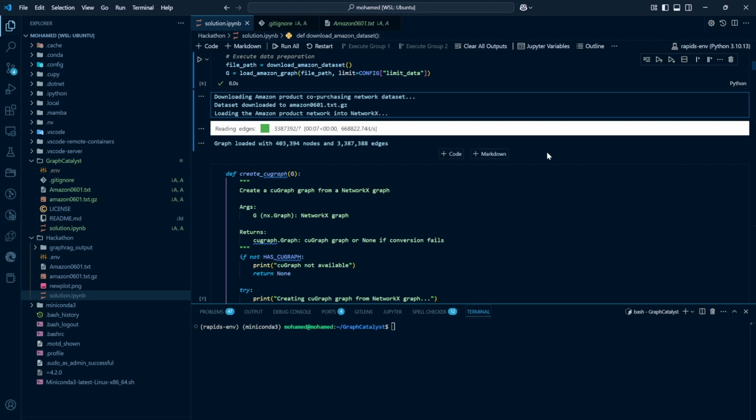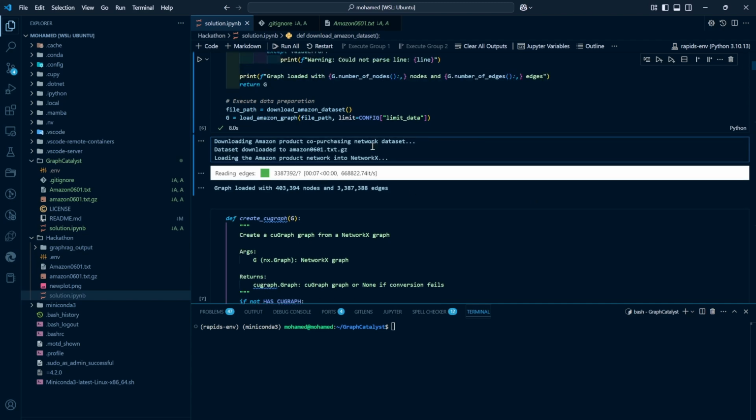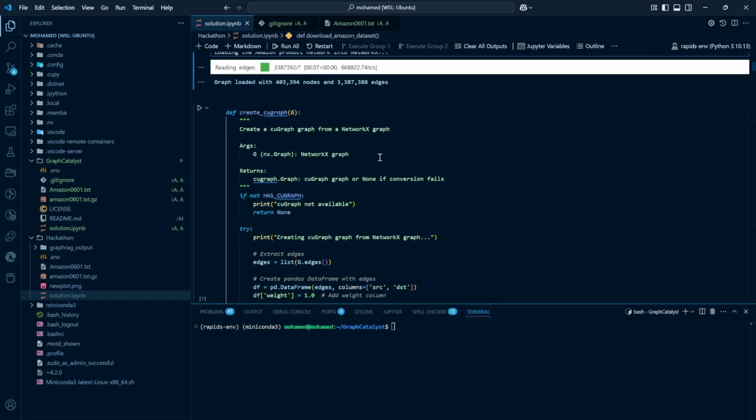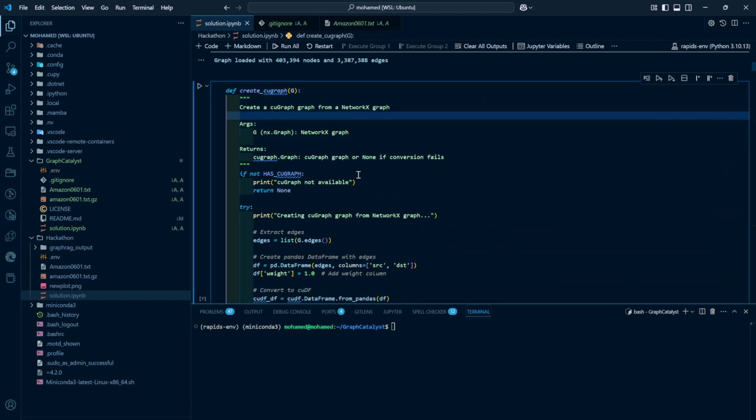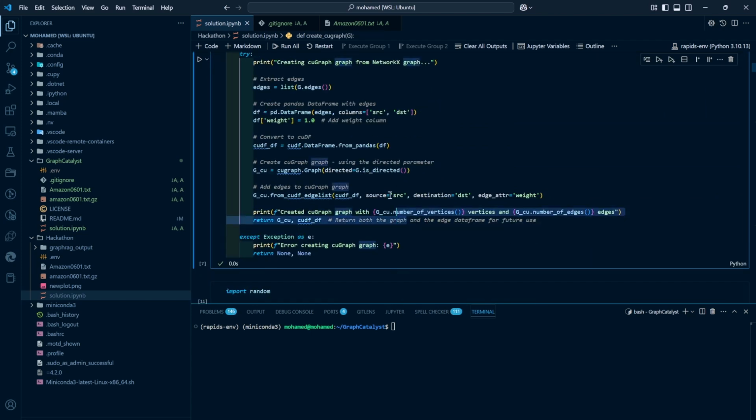So I want to also talk about another thing. This function here, so we're also creating a cuGraph. I want to say that we create a directed graph where nodes represent products and edges represent co-purchasing relationships. This direction is very important because if customers who buy product A also buy product B, the reverse isn't necessarily true.